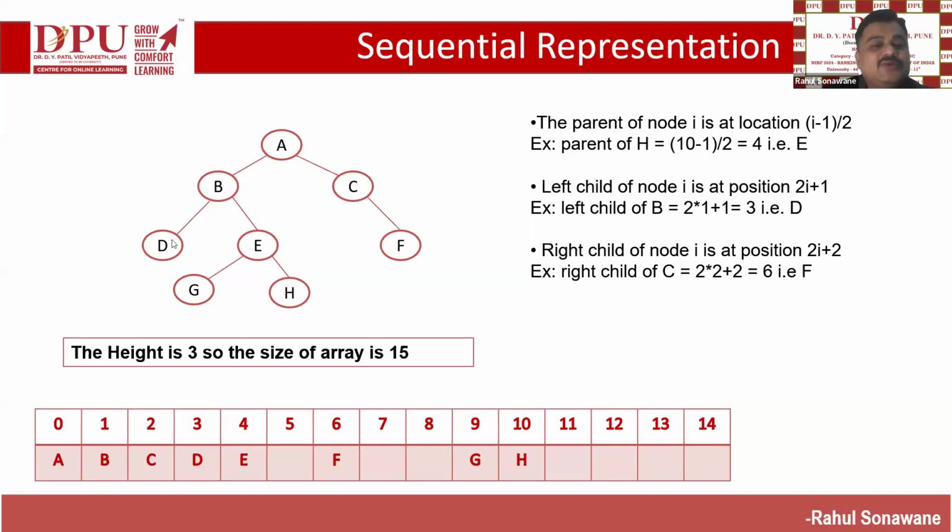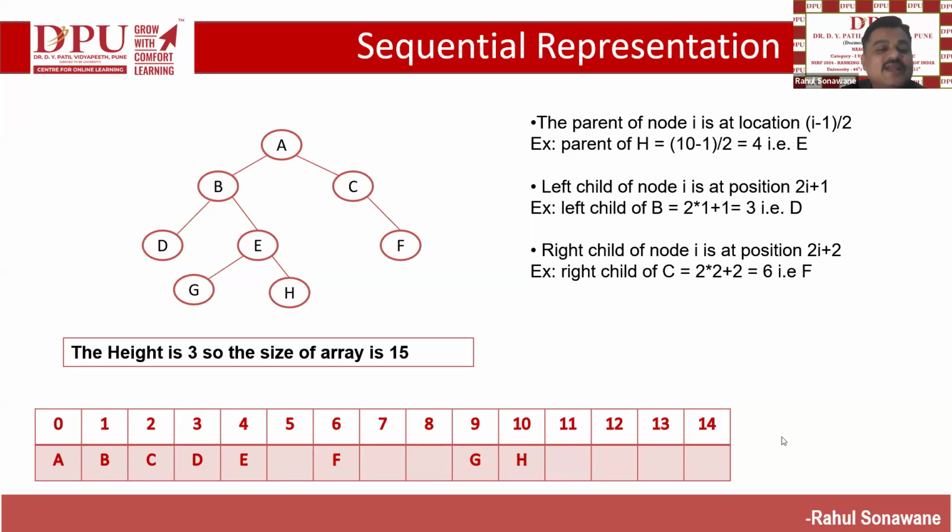A, B, C, 1, 2, 3, 4, 5, 6, 7 and 8. There are only 8 data that we have to store, right? But the tree height is 3. So how much space do we require? We require an array of size 15, right?